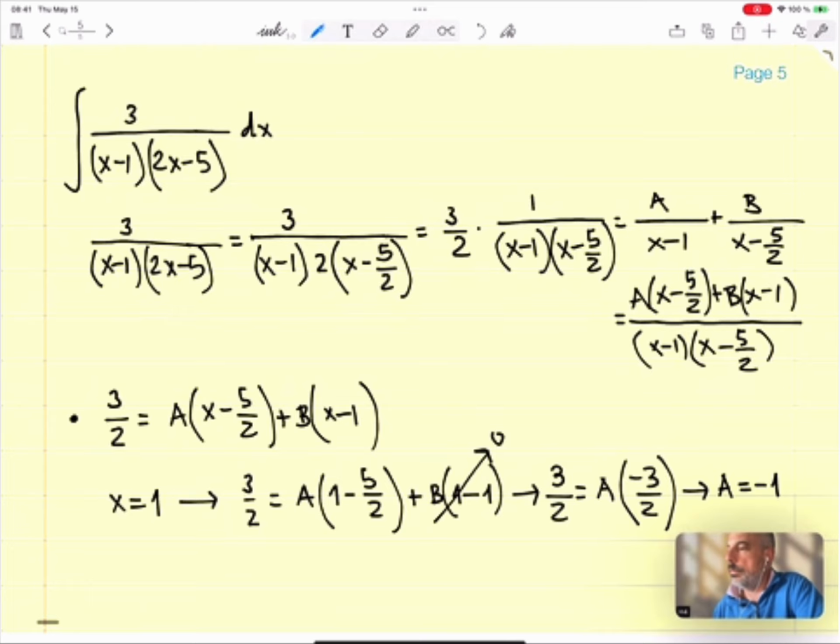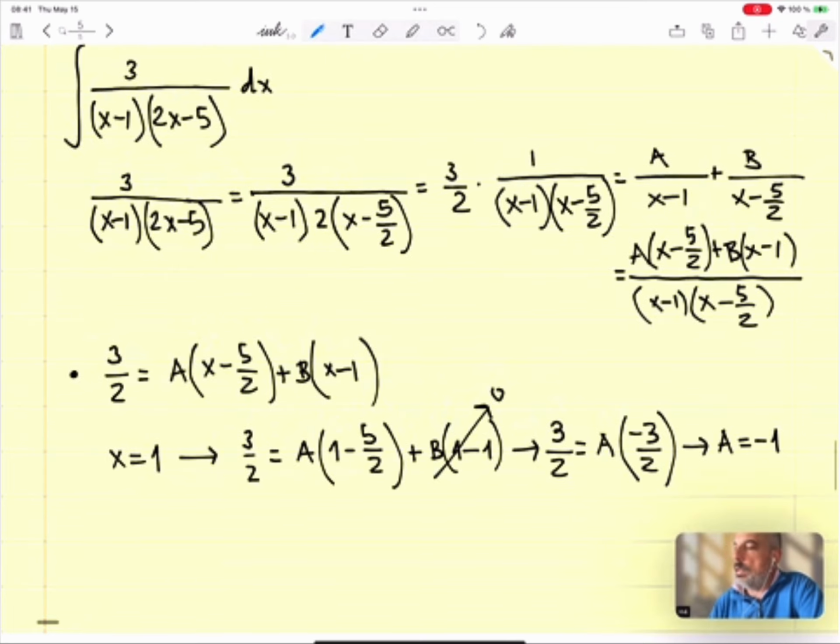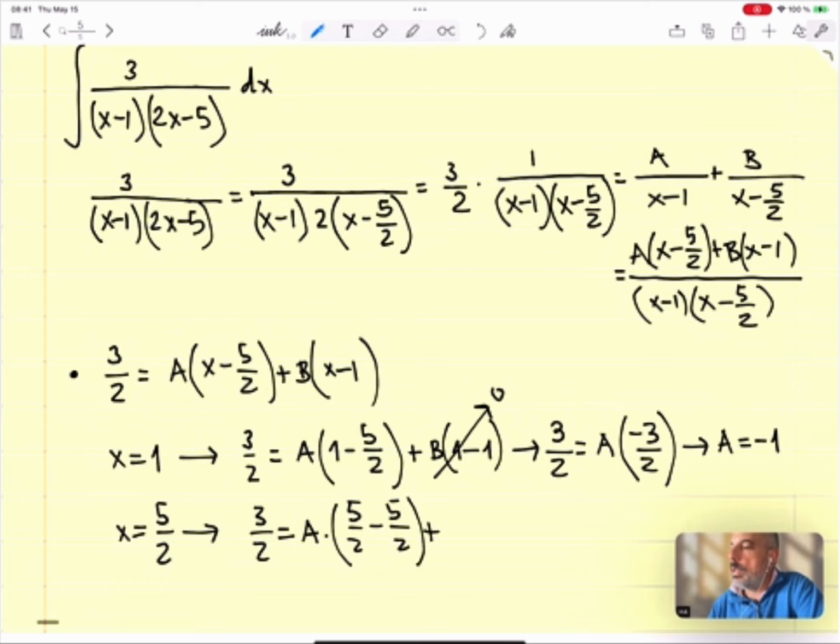Okay? And if x equals 5/2, then 3/2 equals a times (5/2 - 5/2) plus b times (5/2 - 1). So this is going to be 0, and 3/2 equals b times 3/2.